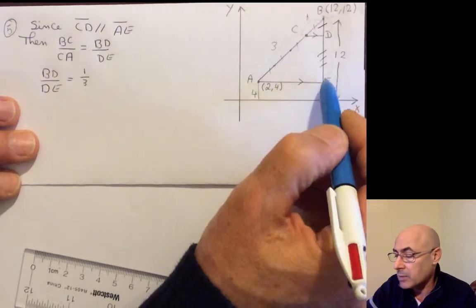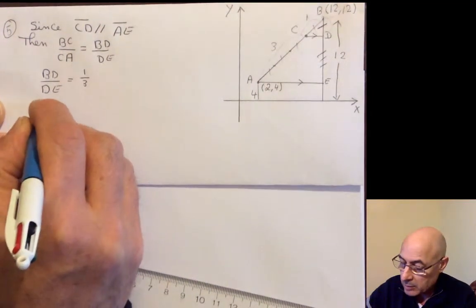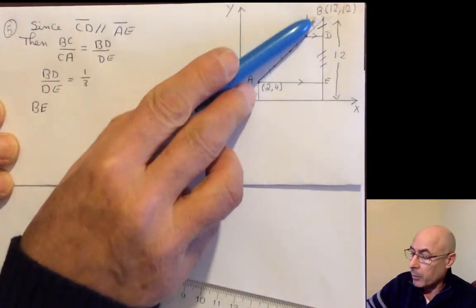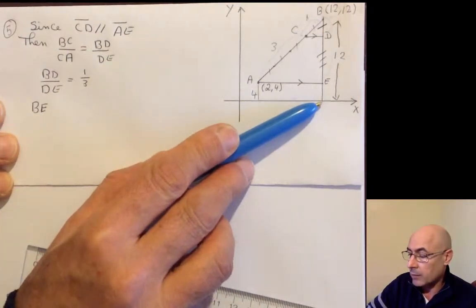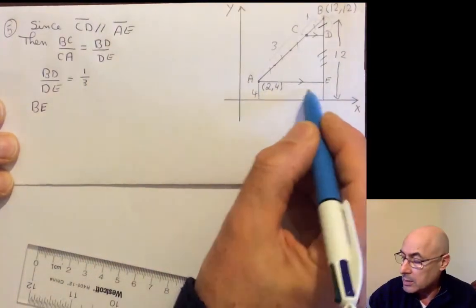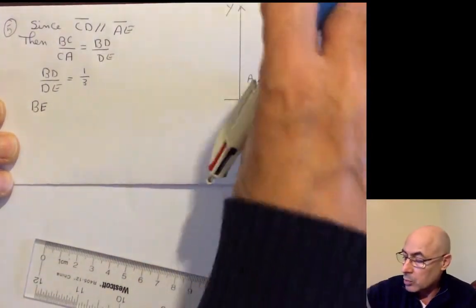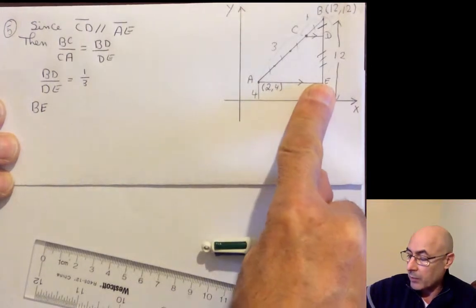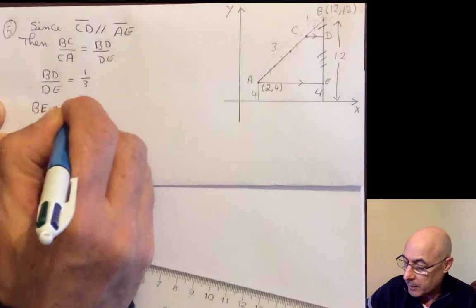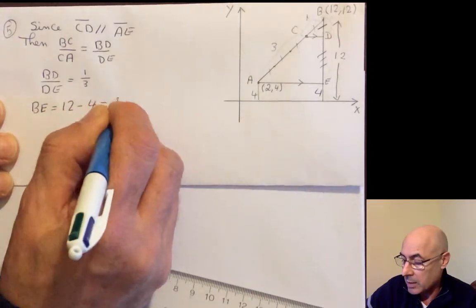But how long is BE? If from B to the x-axis is 12, and I subtract this part here, which is 4, same as this part, so 12 subtract 4, what's left is BE. So BE equals 12 subtract 4 equals 8.